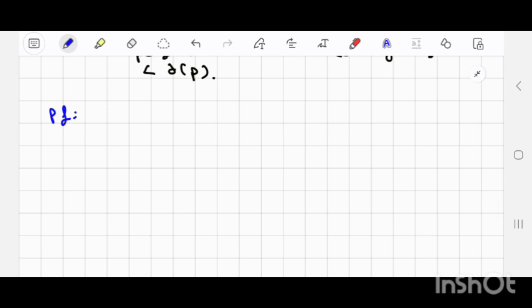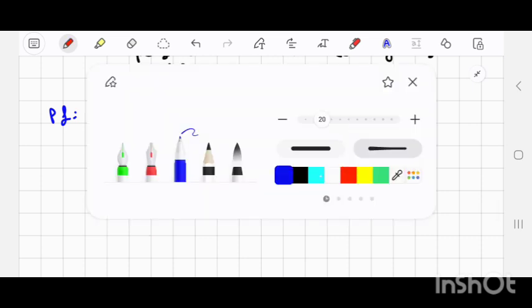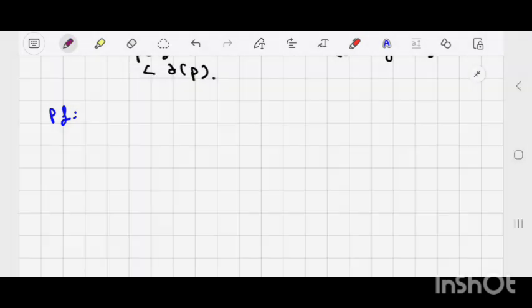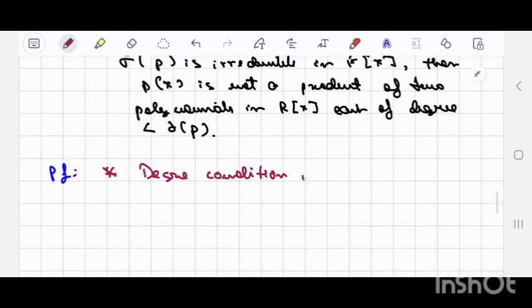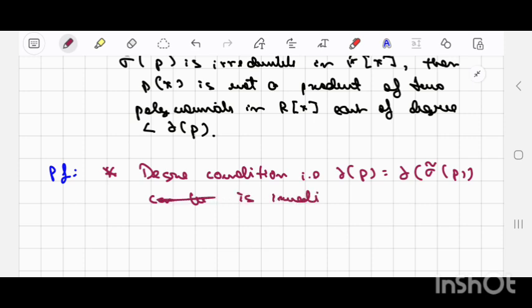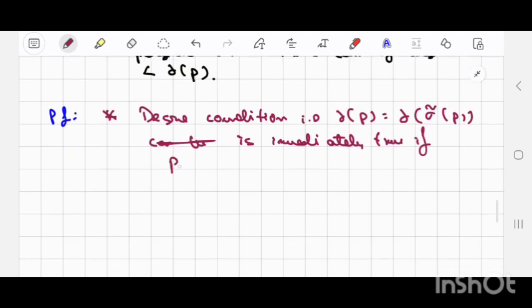First thing, this is sort of a remark. You can easily observe that the degree condition, that is the degree of P is the same as the degree of sigma tilde of P, can be avoided, or rather is immediately true, if P is a monic polynomial, meaning the leading coefficient is 1.